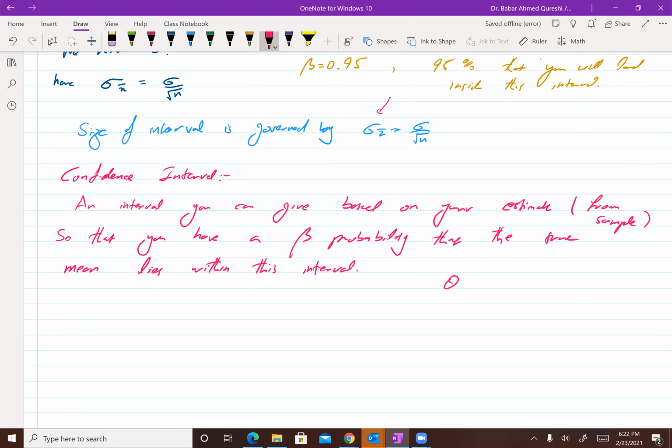Then based on this, you can give an interval around this value, and assign to it a probability.